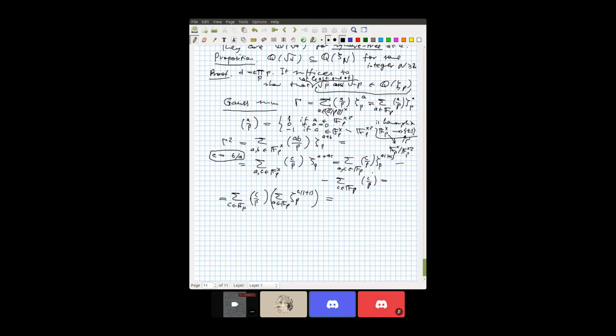There is a bijection between squares and non-squares. You take any non-square and multiply all squares by this non-square, and you get non-squares, and vice versa. Understandable, thanks.